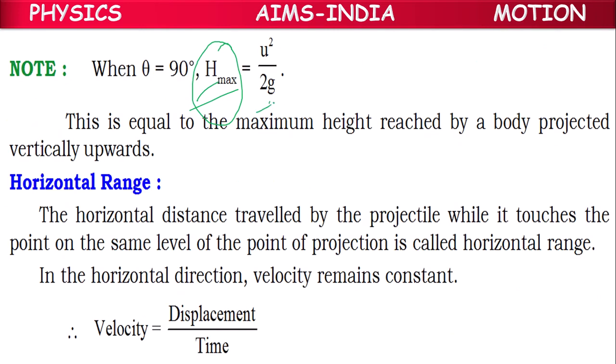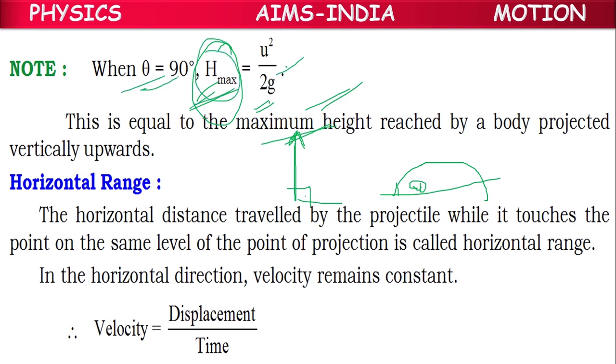For an oblique projectile, if you throw with 90 degrees, it will be equal to a body projected vertically upwards. So in this case, it can reach maximum height. So when theta is 90, h max will be still maximum.